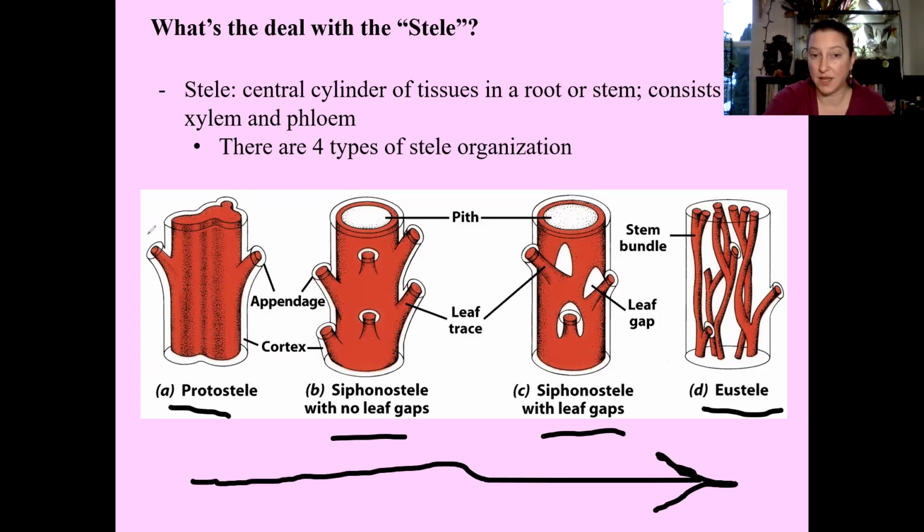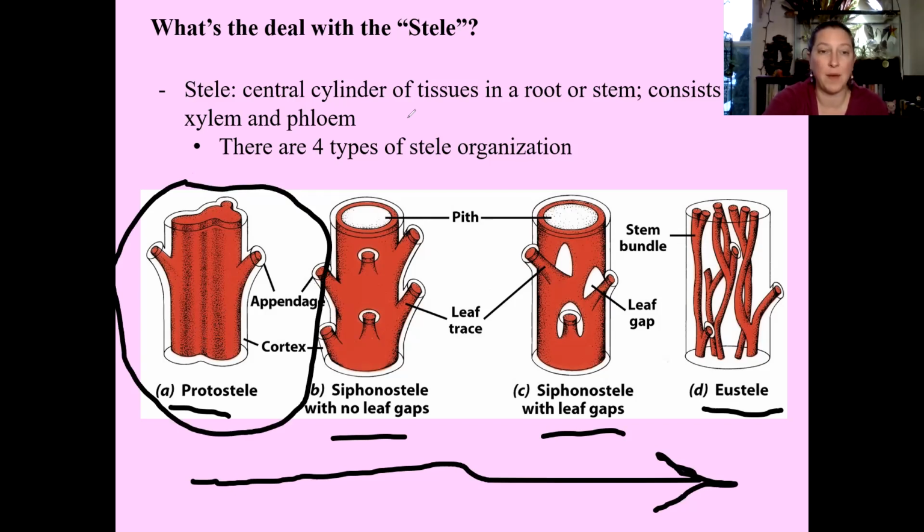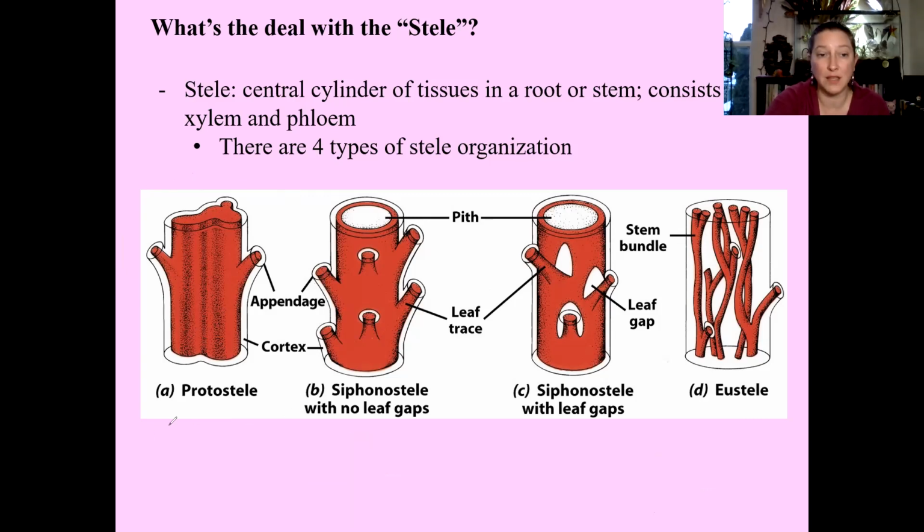Protostele is the most basic. So in Lycopodium, for example, which is a really early plant, really basic plant, it's going to have the protostele type of stele arrangement. And notice, stele, right, so protostele, siphonostele, eustele.